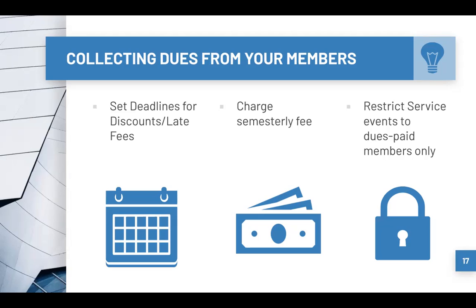It would just make it easier for your members to be able to pay dues. And as an incentive to pay dues, you can restrict service events or even fellowship events to dues-paid members only. So unless you pay dues, you can't participate.